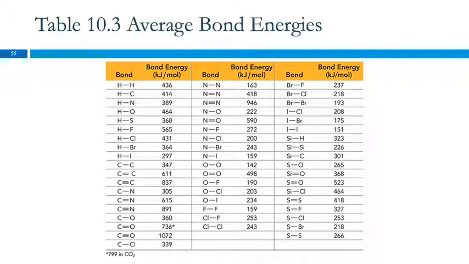I had carbon-oxygen double bond in CO2, so 799. Let's see, I had a carbon-oxygen single bond, 360. I think that's it. We'll find out.